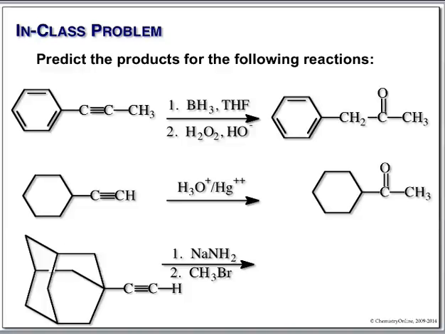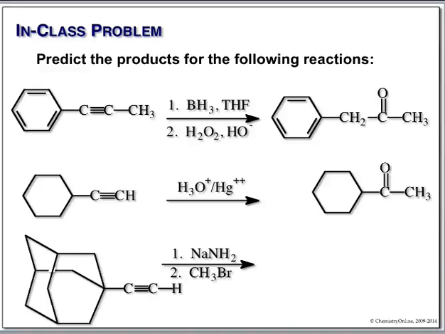It's always fun to put this one on an exam to see how people draw it. This is, again, the adamantane structure. Sodium amide, what we're going to do here is make the anion, aren't we? This anion is then going to attack the methyl group, bromine will leave.